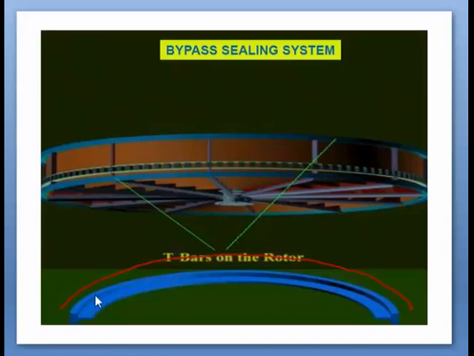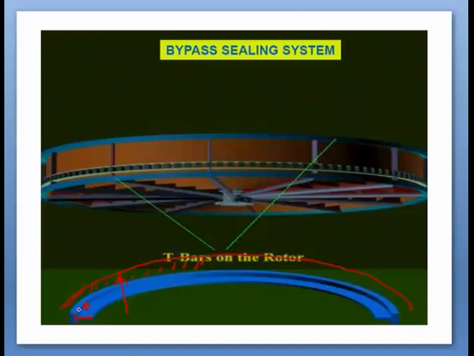So suppose this is our housing and this is the rotor, and in between there is a clearance for allowing the rotation of this rotor. If this projection is not provided in the shape of a T, you can see it is in the form of a T, then chances of air and flue gas escaping without coming in contact with the heat absorbing element will always be there, and that will drop the efficiency of the air preheater.